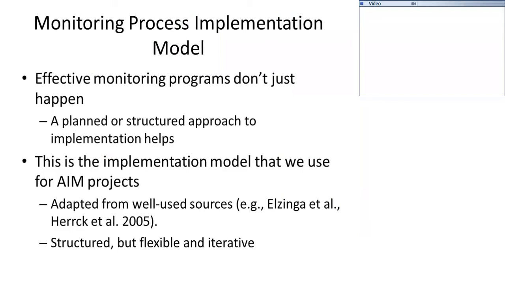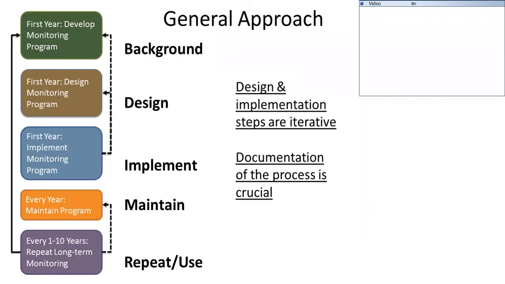I noticed I spelled Jeff's name wrong there, so it's a good thing he's gone already. It's a structured approach to the monitoring, but it's also intended to be a little vague so that we have the flexibility to accommodate different objectives, and it's designed to be an iterative approach.